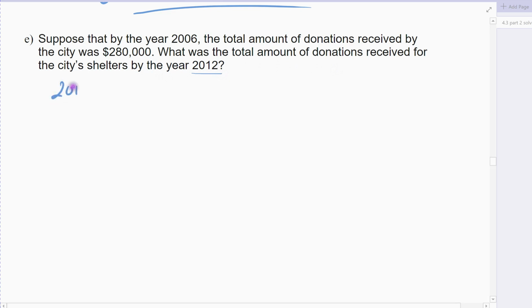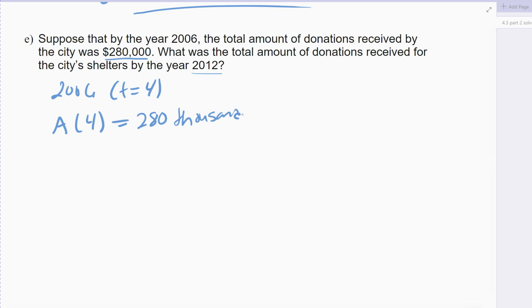We know in 2006, which would be year 4, so the amount in year 4, remember everything's in thousands of dollars, so 280,000 would be how you'd write it, right? A4 would be 280,000.